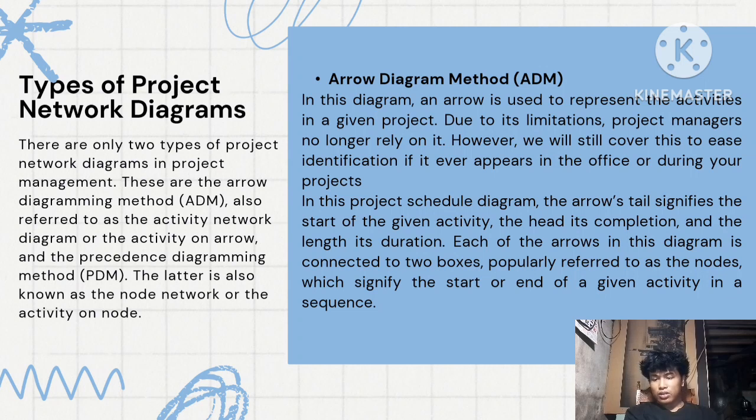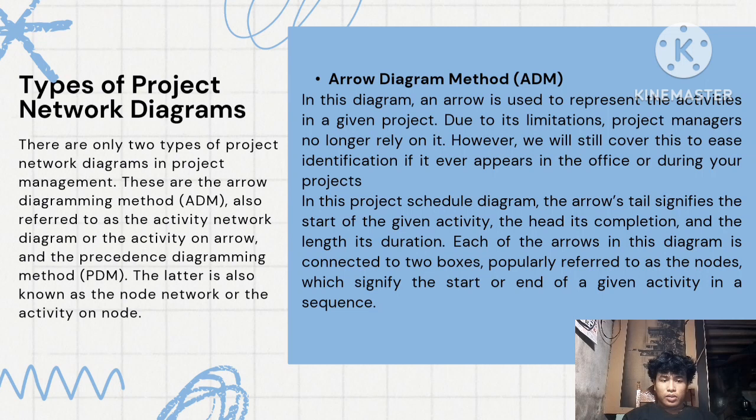The latter is also known as a node network or the activity on node. In the arrow diagramming method, or in short ADM, an arrow is used to represent the activities in a given project.